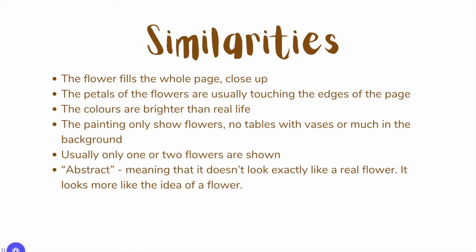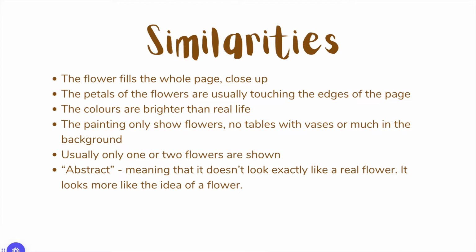The colors are usually brighter than real life. So even in the example where the flower was mostly white, the colors were quite bright, very vibrant. The paintings only show flowers. They don't show any tables or vases or landscapes in the background or anything like that. It's just zoomed right in, flowers only. Usually there's only 1 or 2 flowers shown, except for the one example there was 3 flowers.